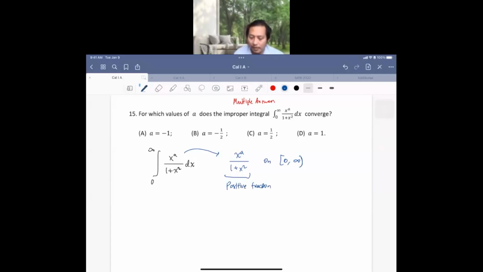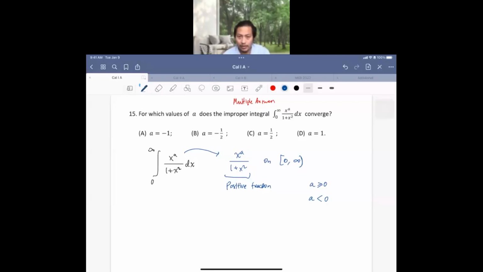So perhaps, because this is positive, we are going to define a as a greater than or equal to 0, and a less than 0. So we could have two analyses. Sometimes you are asked to check whether you are able to at least conclude divergent or convergent.